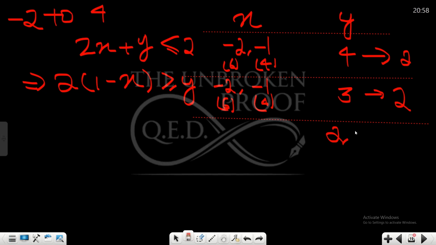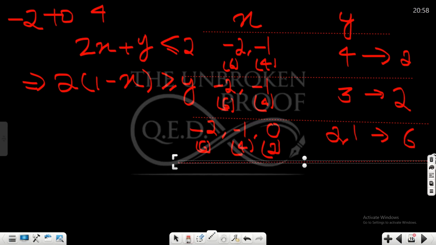But now let me merge 2 and 1 here. Now if you merge these, then 3 cases are possible. Minus 2 because you'll get 6 over here, minus 1 because 4 will come here, and 0 because 2 will come here, and this will yield a result of 3 into 2, which is 6.